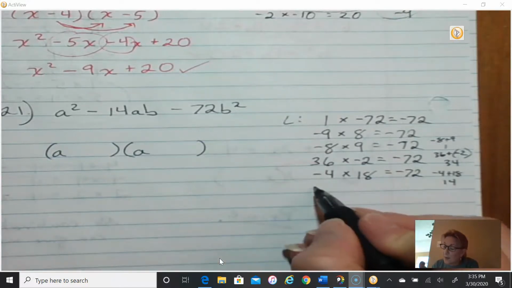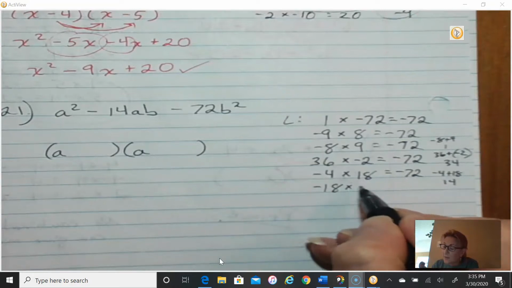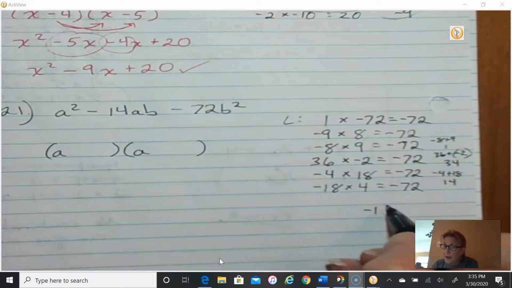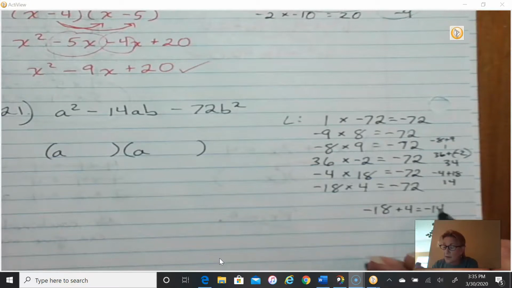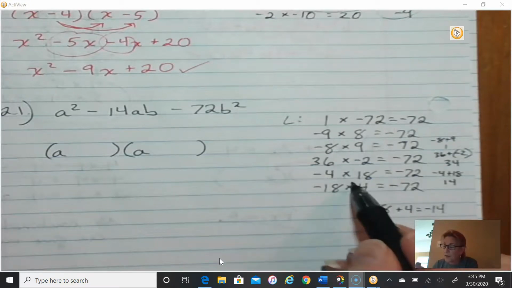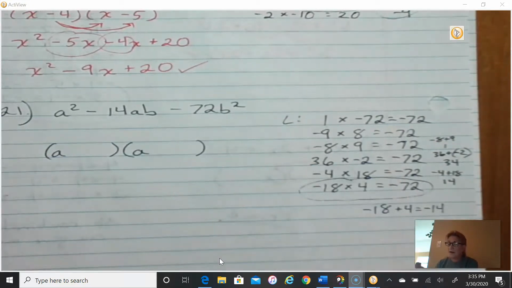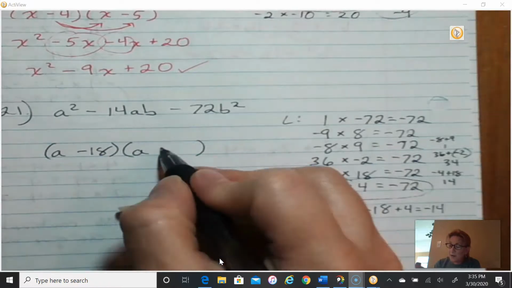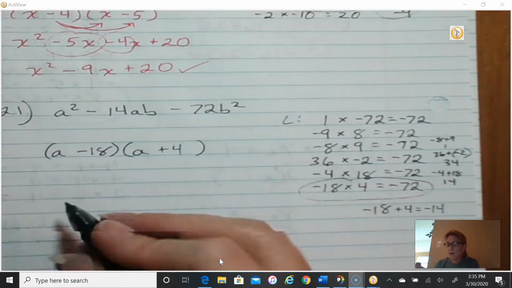So if we make the 18 negative and the 4 positive, we get a negative 72, and negative 18 plus 4 is negative 14. So we have ourselves a winner. Yep, it's going to be that intricate. So then negative 18 and positive 4. We can do our check.